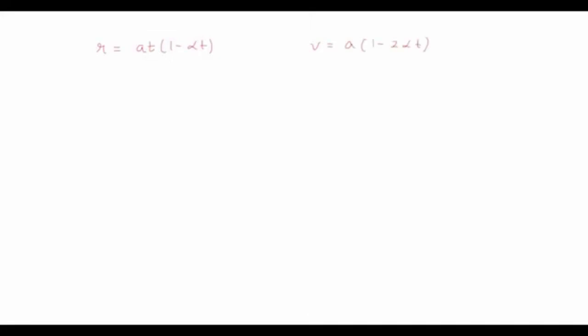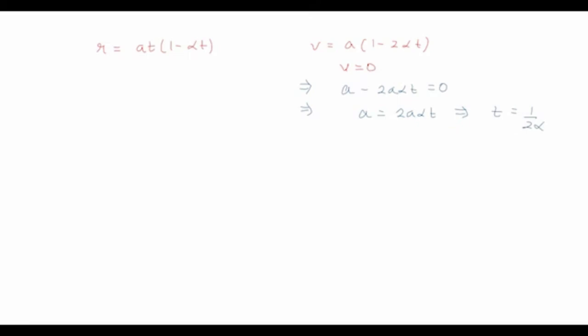If we look at the equation of velocity, we can say that the velocity becomes 0 at a certain time, and we calculate it as a minus 2a alpha t equals 0. From here I can write a equals 2a alpha t, or we get t equals 1 by 2 alpha. So at time t equals 1 by 2 alpha, the velocity becomes 0.